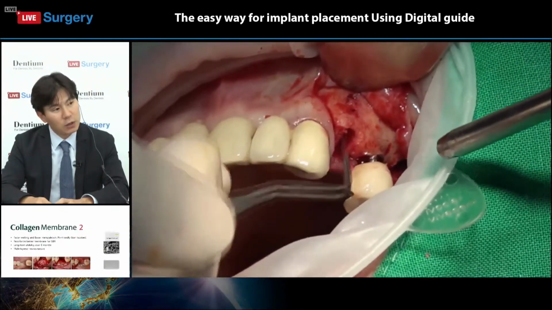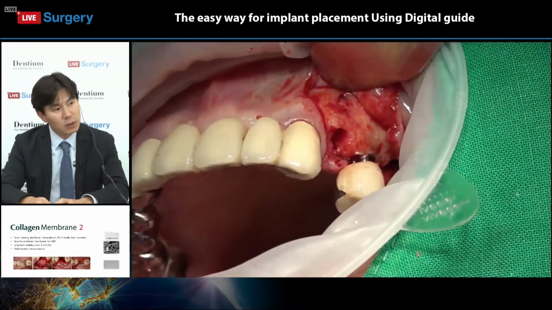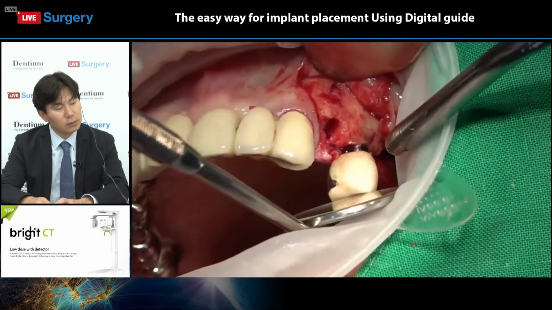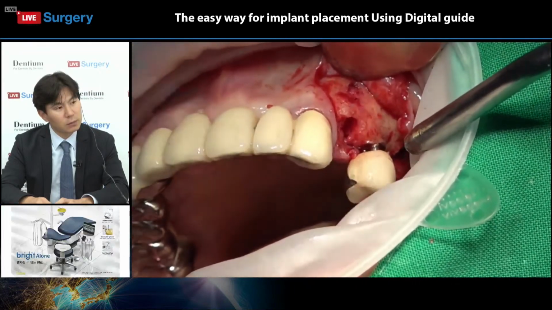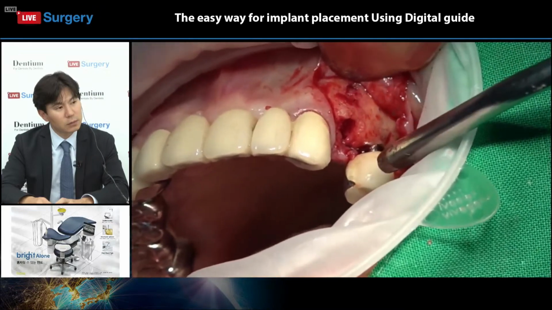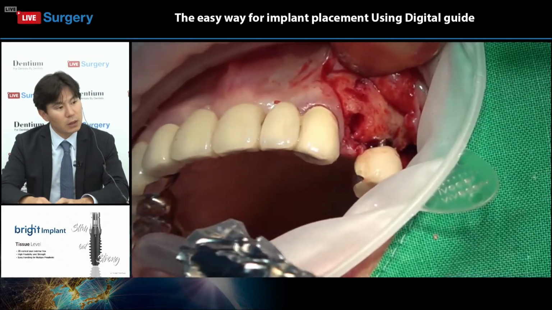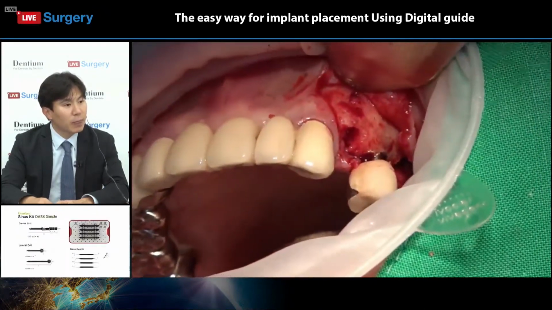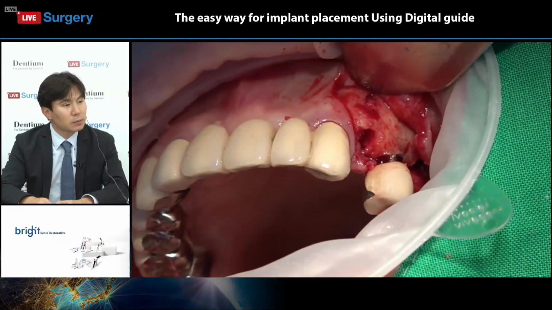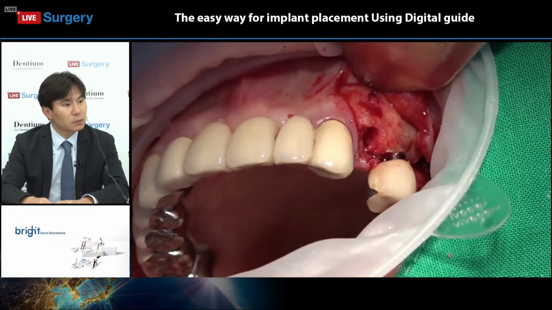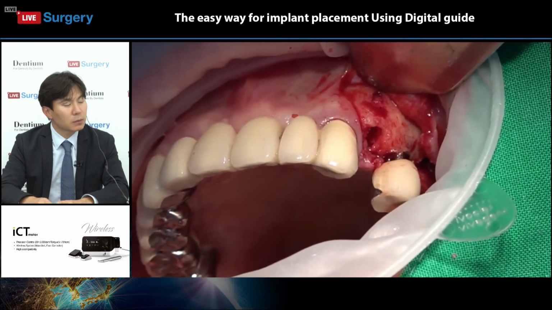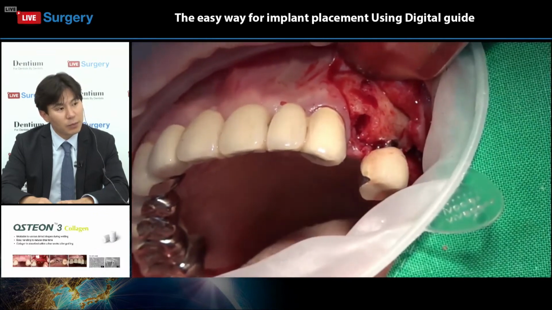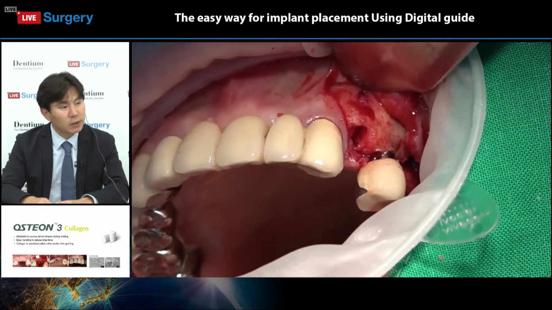We can see the tissue remnant in the socket area. I think this is bone debris from the drilling. That's why he did not remove the tissue in the socket.